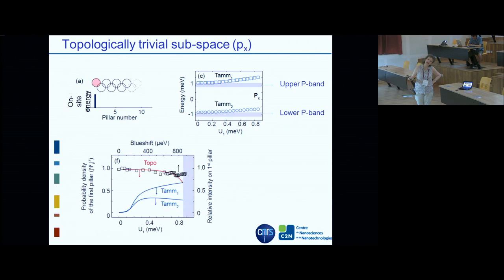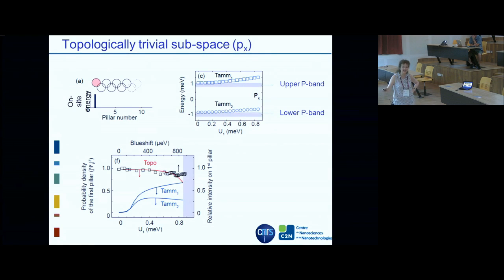So what you see in the calculation is that contrary to the topological states, whose localization is very strong only on the first pillar and independent of the perturbation that we introduce, the Tamm states do not exist for zero perturbation, so they are just delocalized in the band, and then their localization, so this is the localization on the first pillar, you see that they are essentially localized on the second and third pillar, and their localization changes a lot with the perturbation.